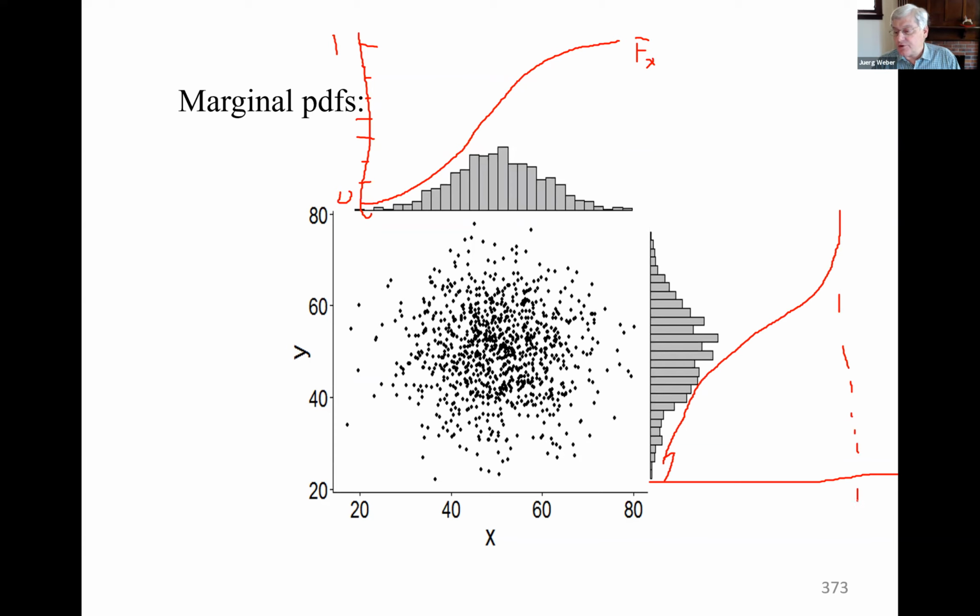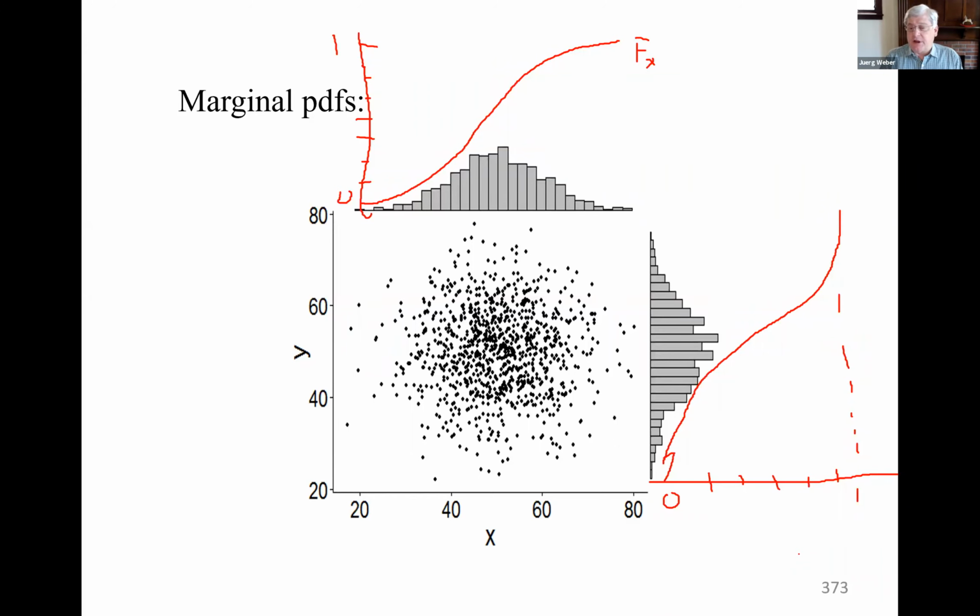So this goes from 0 up to 1. And then again, those values are uniformly distributed. And you can put those values into the copula.